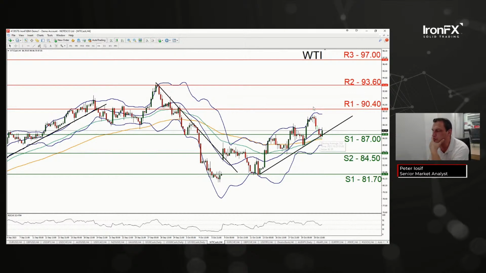For a bullish outlook, I would require practically a higher peak than this one. Note how there are higher lows, 1, 2, 3, 4, and higher peaks, 1, 2, 3. So the next one should be at or above the R1 90.40.